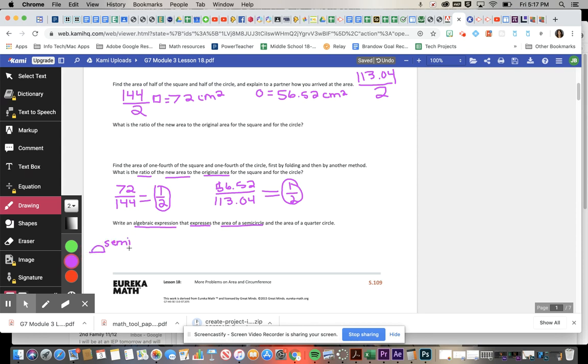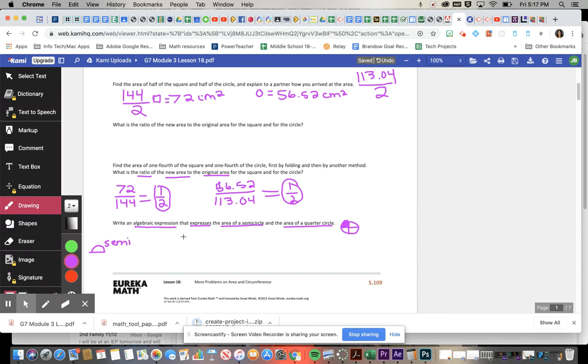So don't get caught up on the word semi. And then the area of the quarter of a circle, which is just, if we had a full circle, 1/4 of it, because a quarter is 1/4 of a dollar. Kind of think of it that way.